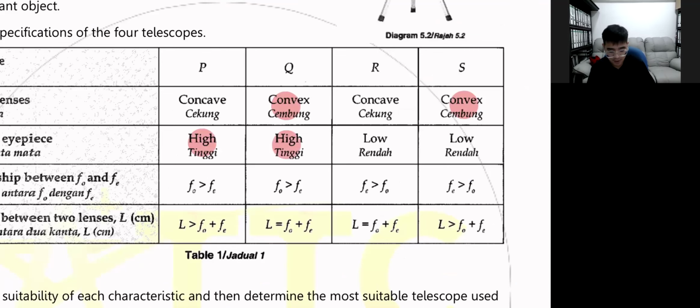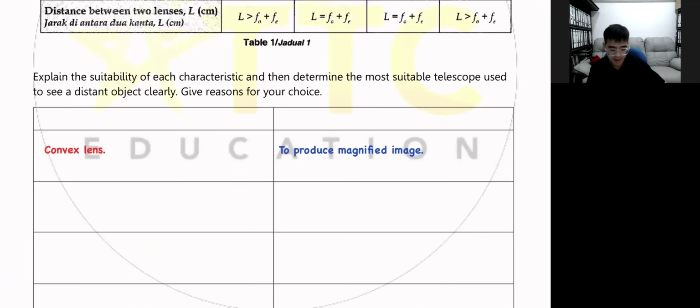Why? It's because if the power is higher, it is able to increase the magnification. Just now, we said we use convex lens because we want to get a bigger image. But if the image is 2 times bigger than the object, that is also bigger. But 20 times bigger or 200 times bigger is also bigger.